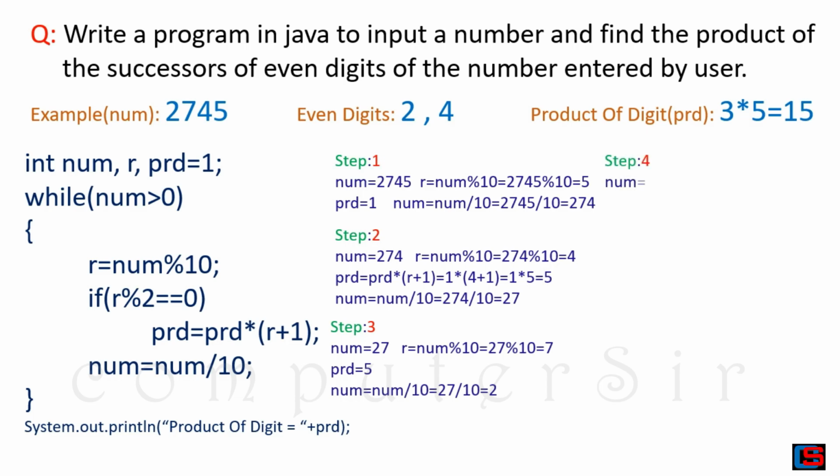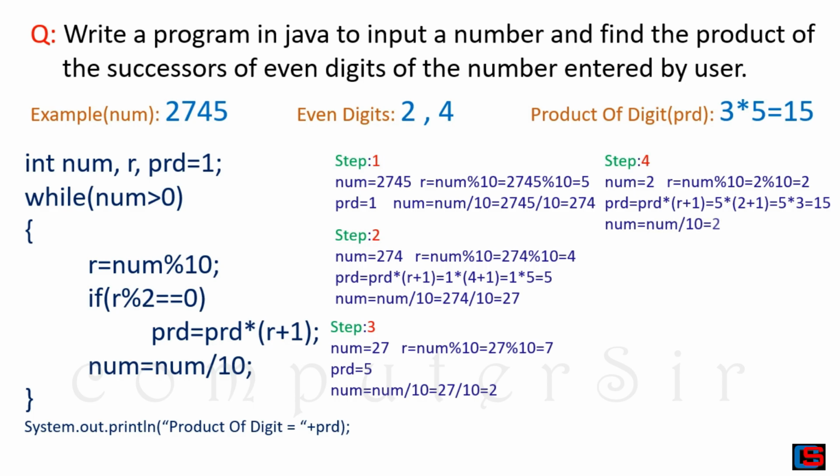In step 4, the value of num is 2, so r equals num mod 10, so 2 mod 10, and the value of r becomes 2. The if condition present in the while loop is satisfied, because 2 modulo 2 equals 0, because 2 is an even digit, so prd equals prd into r plus 1 will execute.